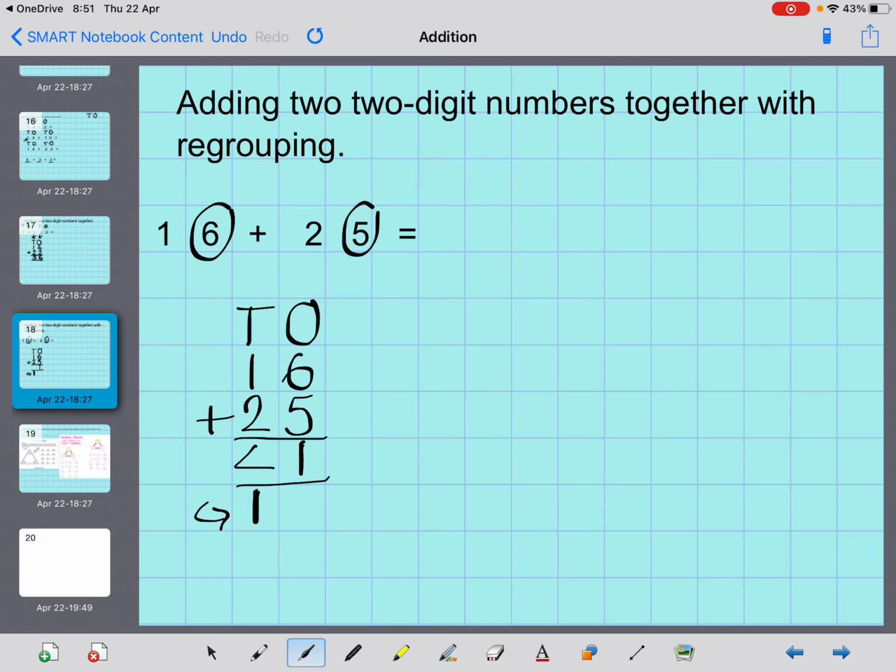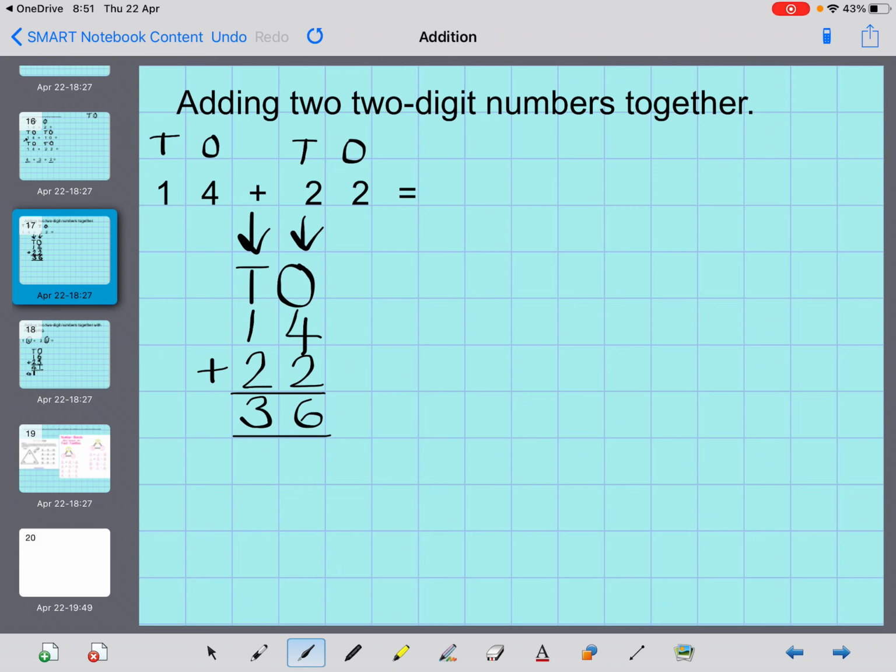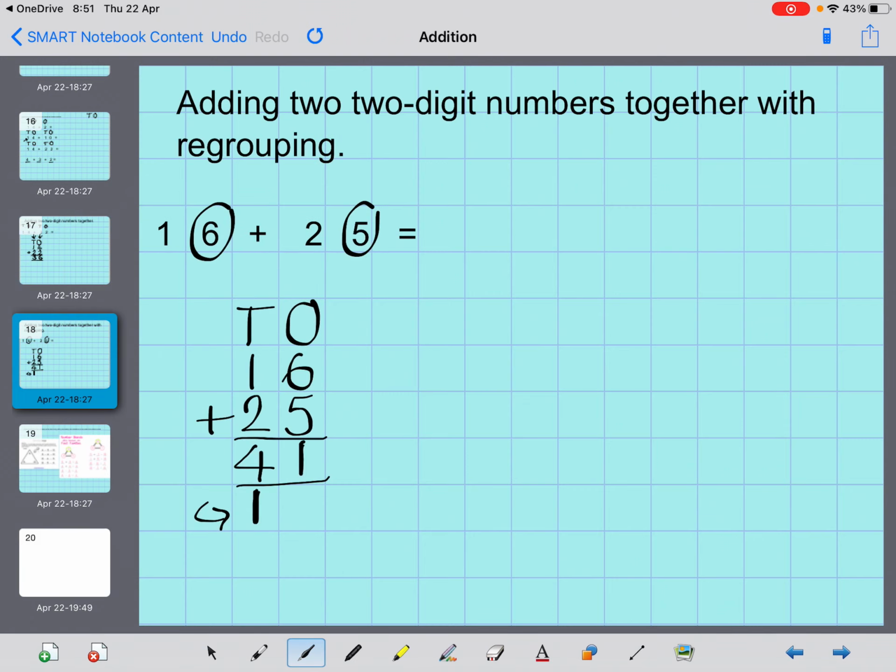So 3 add 1 more is 41. So by the end of year 2, children will be able to add using column method and column method with regrouping, which really means that the children can add any 2-digit numbers together.